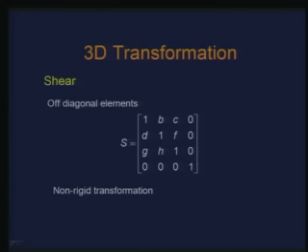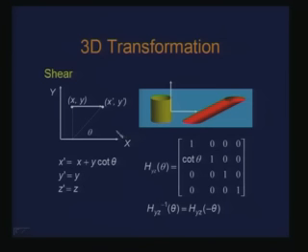So, let us take an example where I consider a simple shear, right, where the object is basically sheared in x. Now, if I just look at the plane x y and I assume that there is no change in the z values, then the point x y is changed to x prime y prime, right.